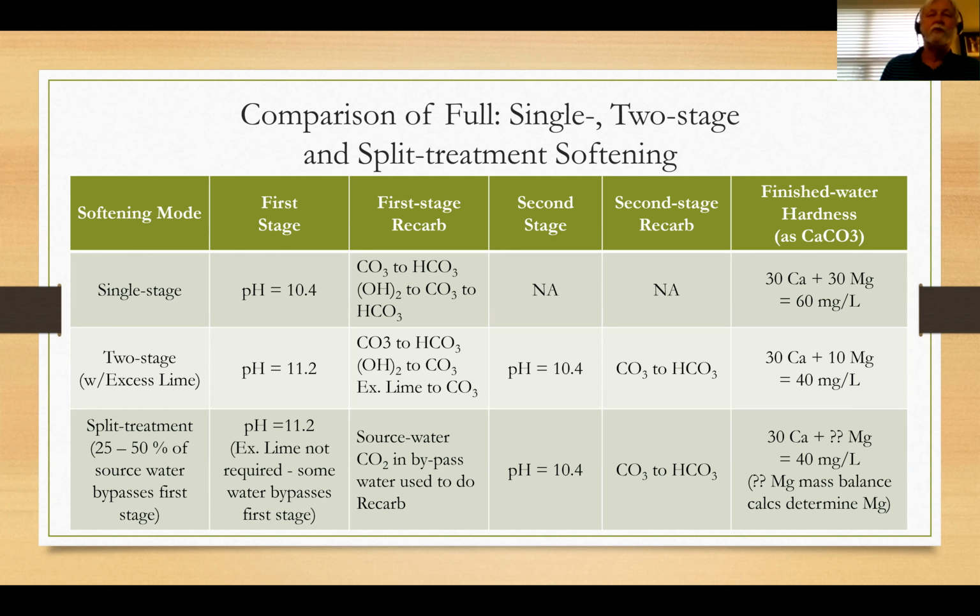What you're doing is maybe routing, in a two-stage water plant, maybe 15%, 10 to 20% of water around the first stage, so that you can use that source water CO2 to recarbonate after the first stage. But that's not split treatment. That's recarbonating with source water CO2 levels in the first stage recarb.